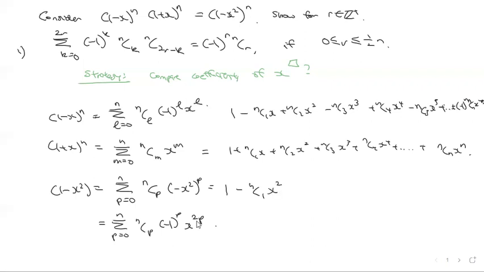And then I'm going to sub p equals 2, so that will become plus nC2 x to the power of 4, because when I sub p equals 2, that's power 4. I'm going to have minus nC3 x to the power of 6 plus nC4 x to the power of 8, dot, dot, dot. So this will keep going.